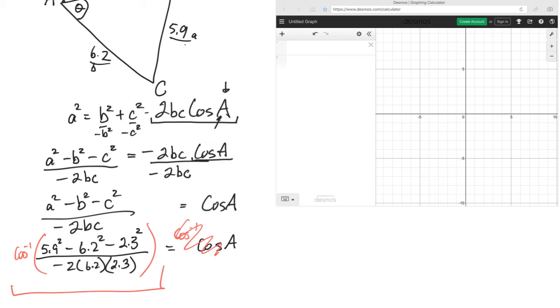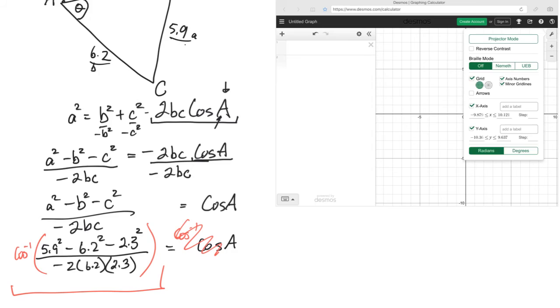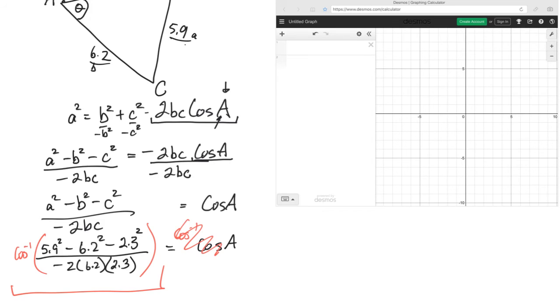I had a little dot there and it was messing with me. Okay, no, I'm in radians, so I need to switch to degrees. Now let's type this stuff in. Why is it not letting me type?